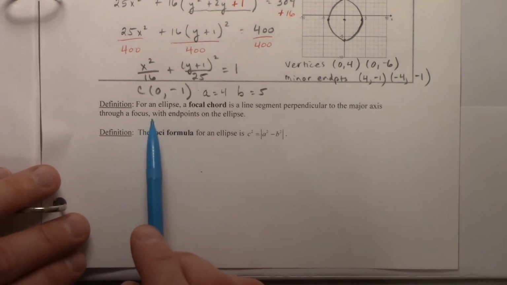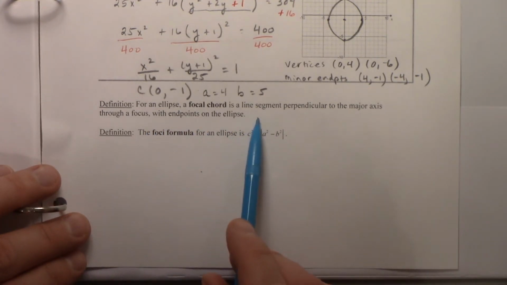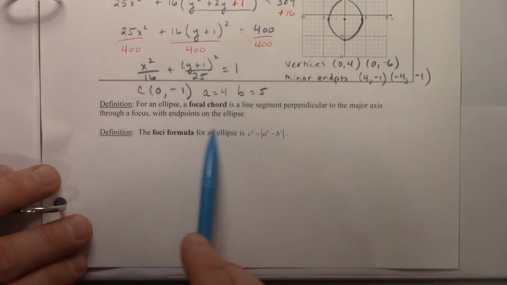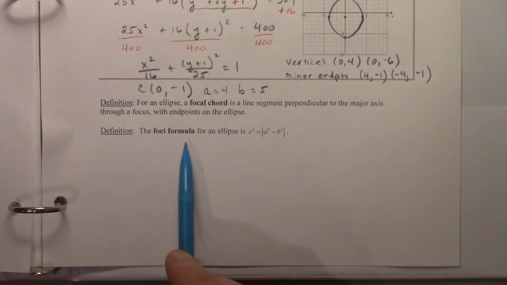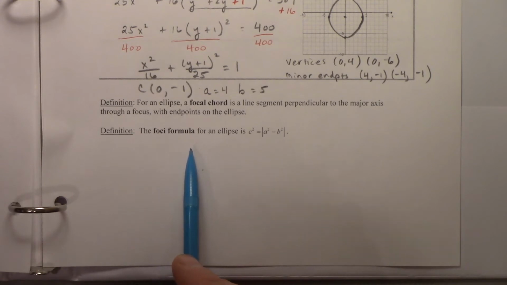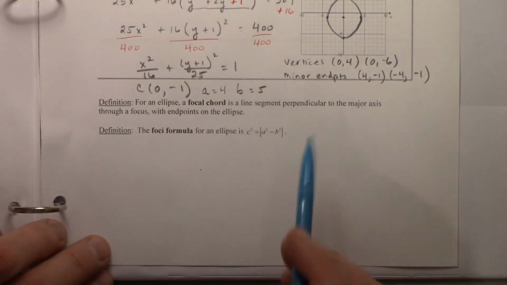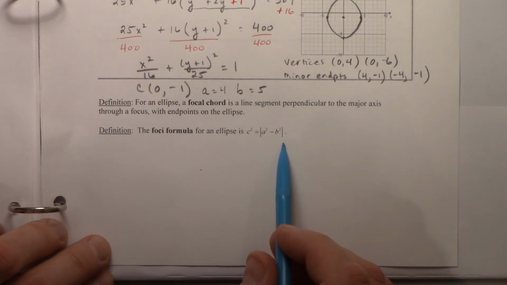Notice it says for an ellipse, a focal chord is a line segment that's perpendicular to the major axis through a focus with endpoints on the ellipse. To actually find the coordinates of a focus point, or the foci, I'm going to show you this foci formula for an ellipse: c squared equals the absolute value of a squared minus b squared.